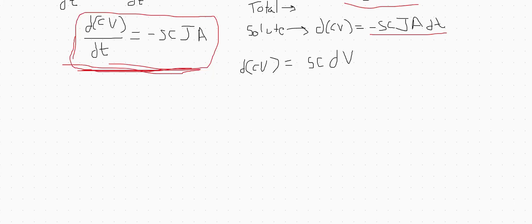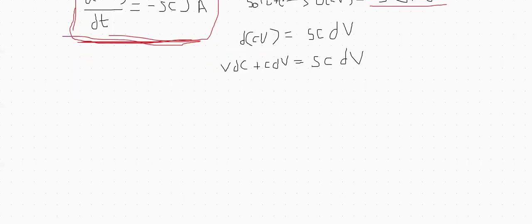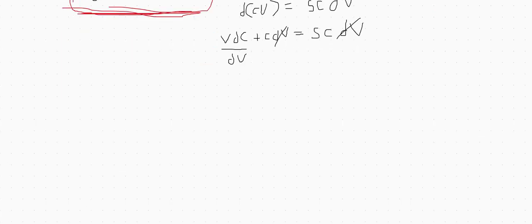So we will write V dC, this is just like a product rule, I think, plus C dV is equal to the sieving coefficient times C times dV. And now we can bring this dV over. So it'll cancel here and we'll have a dV right there.